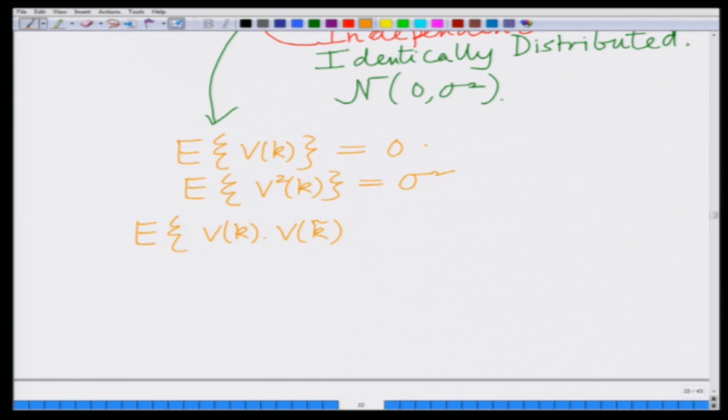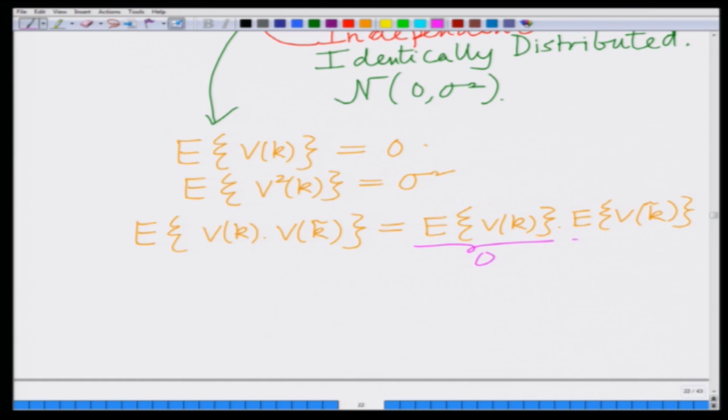equals the expected value of Vk times the expected value of Vk tilde if k not equals k tilde, and each of these expected values is 0.